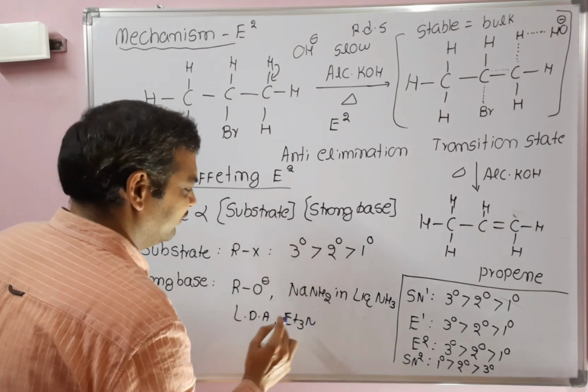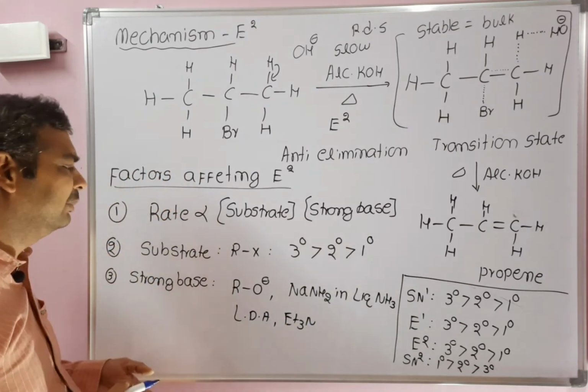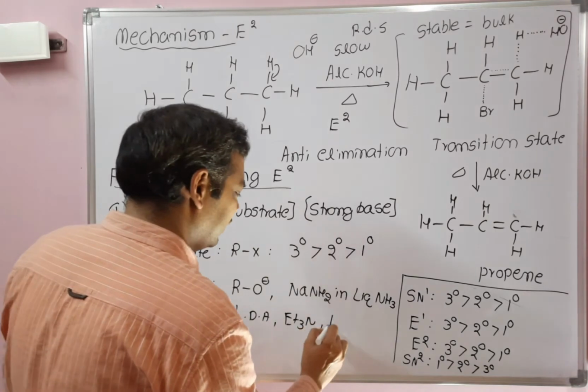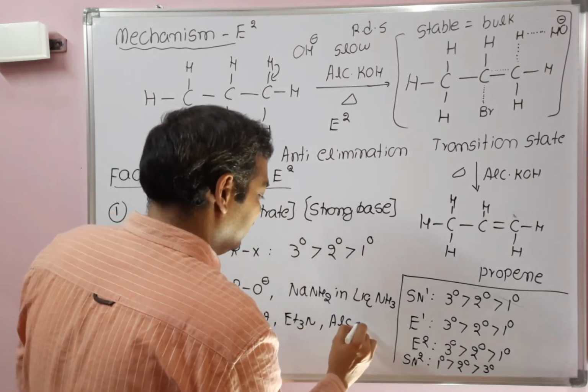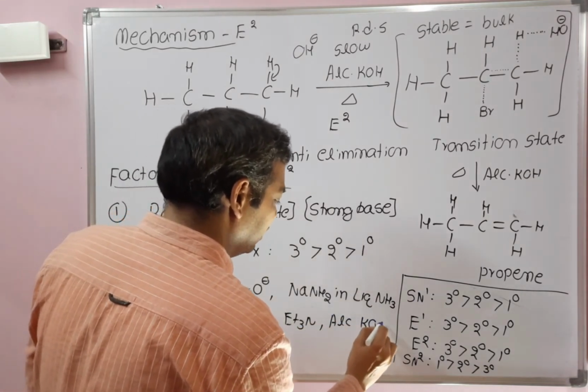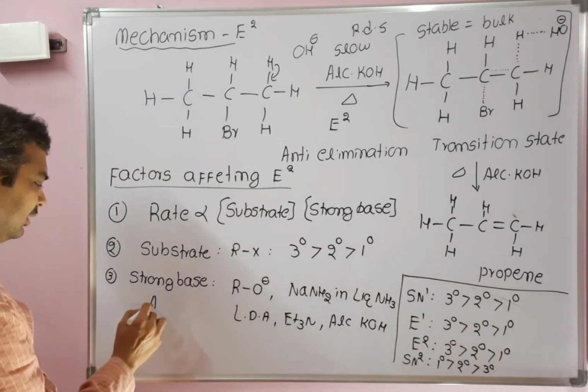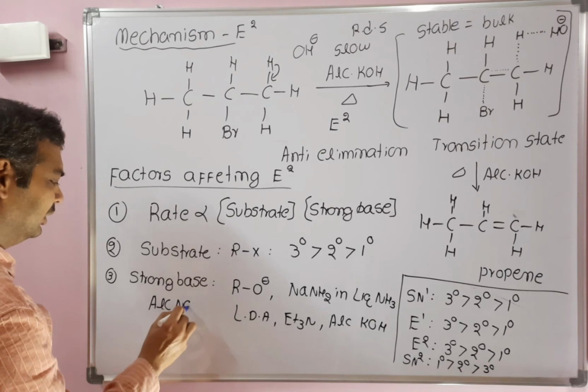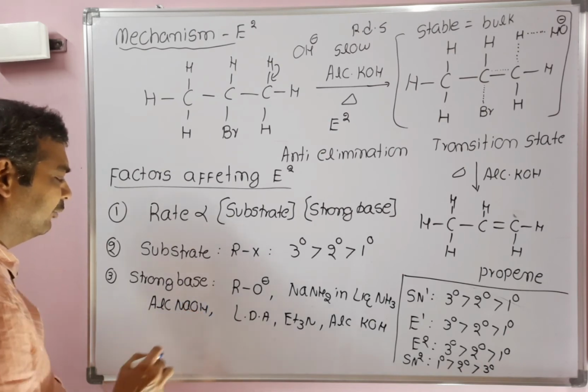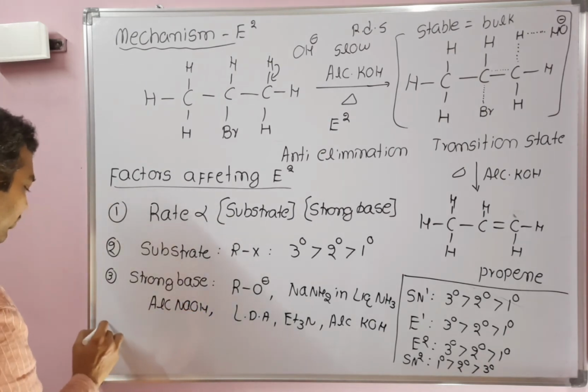I will write the structures for these. Also alcoholic KOH and alcoholic NaOH. These are the strong bases generally used in E2 reaction.